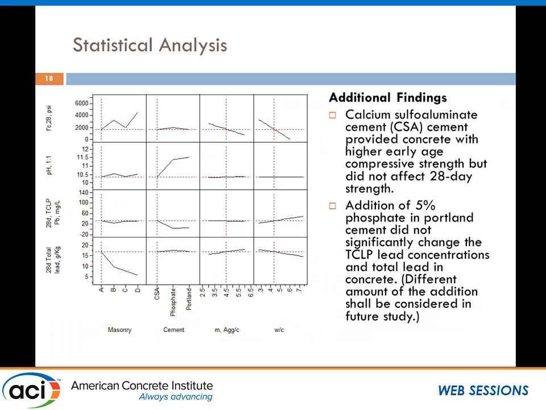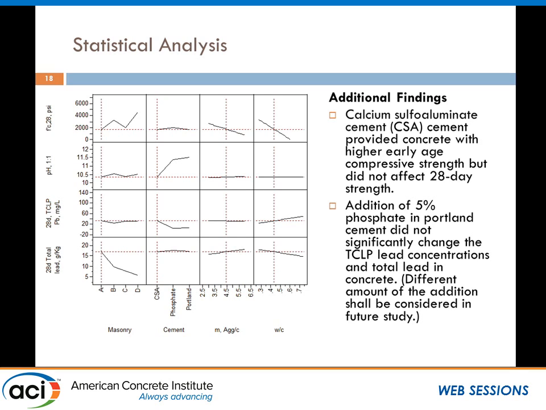So we did a statistical analysis based on the data. We obtained a few things I want to point out. First of all, we did use calcium sulfoaluminate cement, CSA cement, to see how much difference it's going to make. Results show that there's really not that much impact on leachability, but we do get higher early strength compared to type 1 cement.